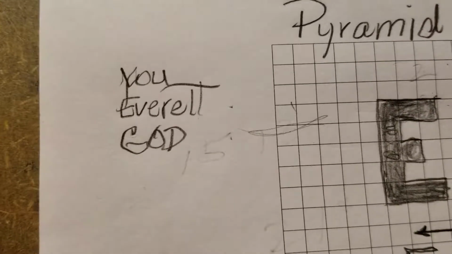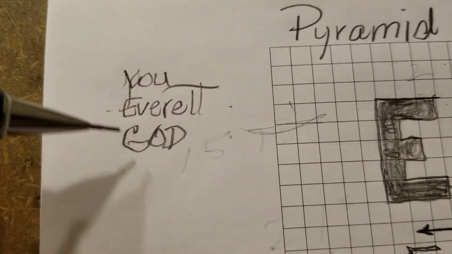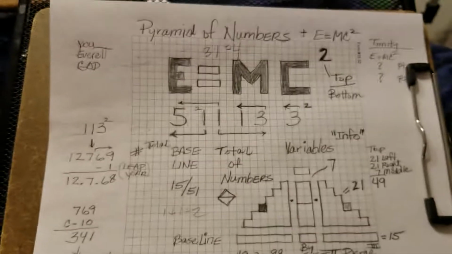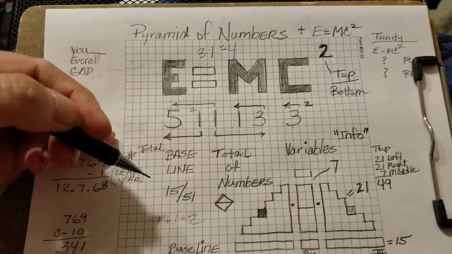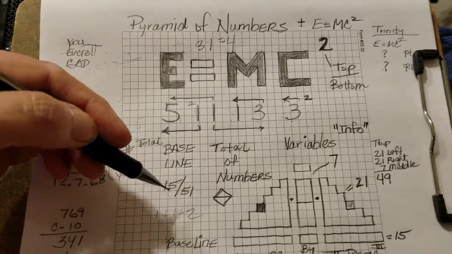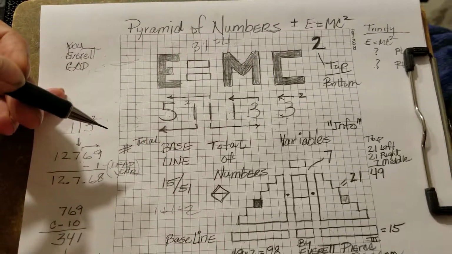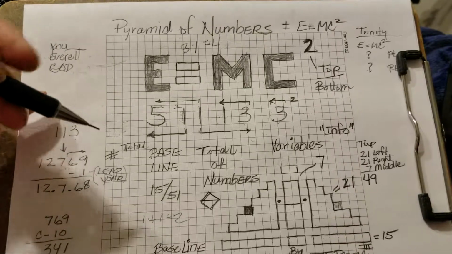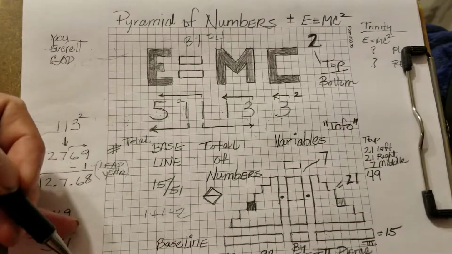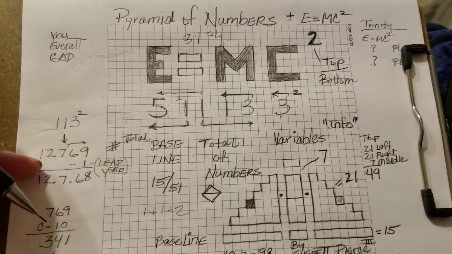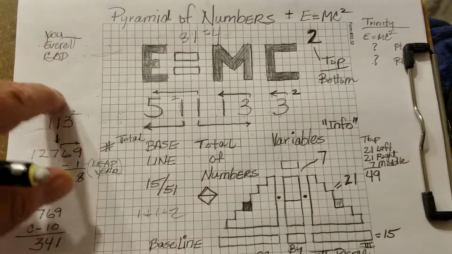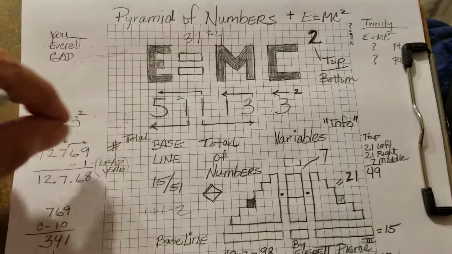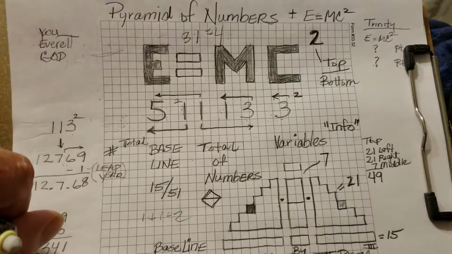You, Everett, and God. And between the three of us, you're going to learn things that you didn't think were even possible, or you're going to see things from a different perspective, and things are going to make more logical sense, scientific sense, and the word random will slowly fade out of your thinking.